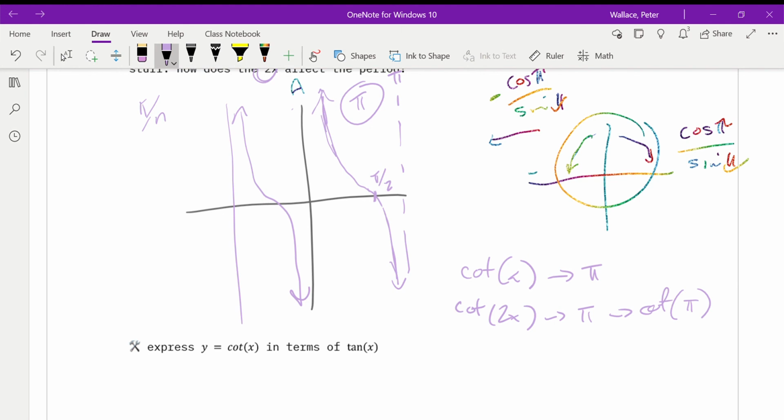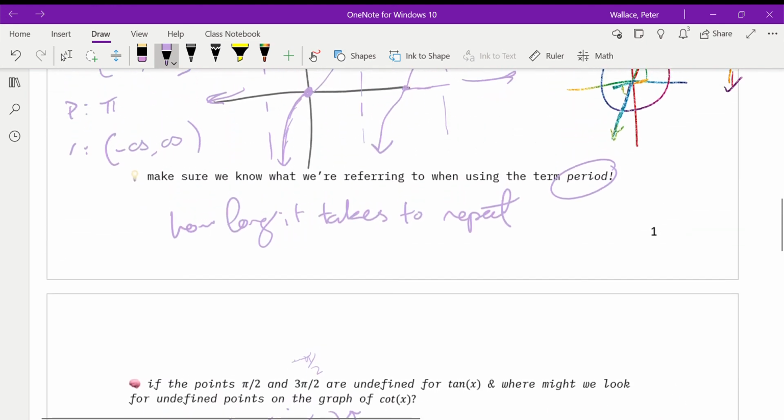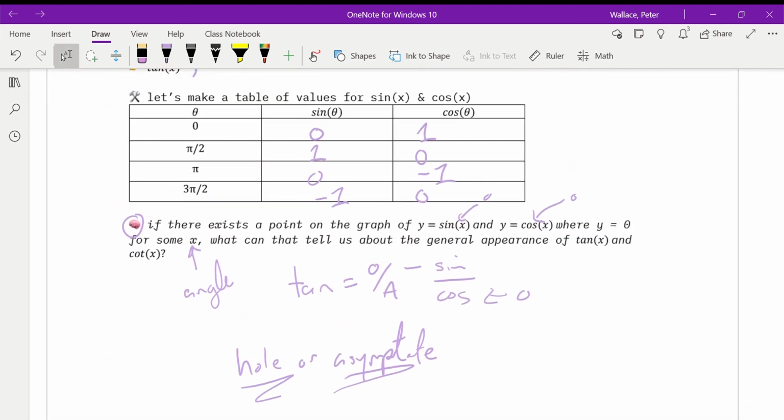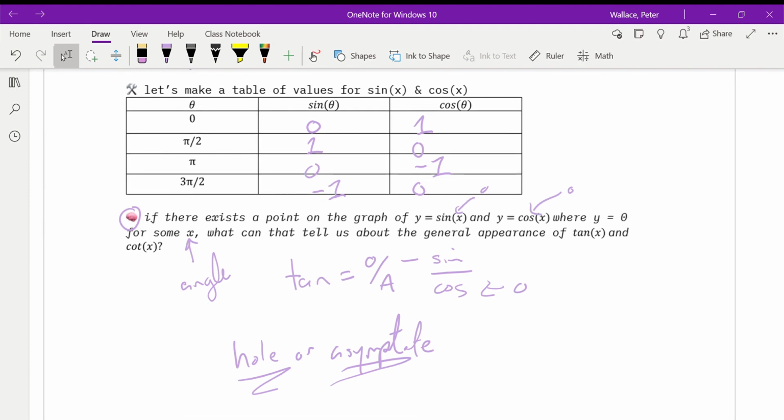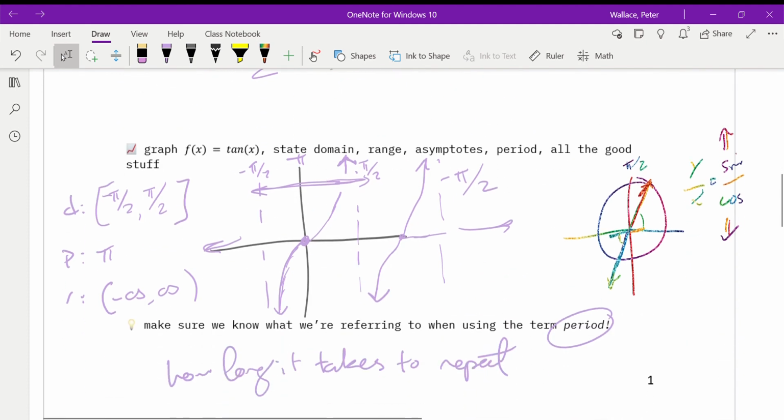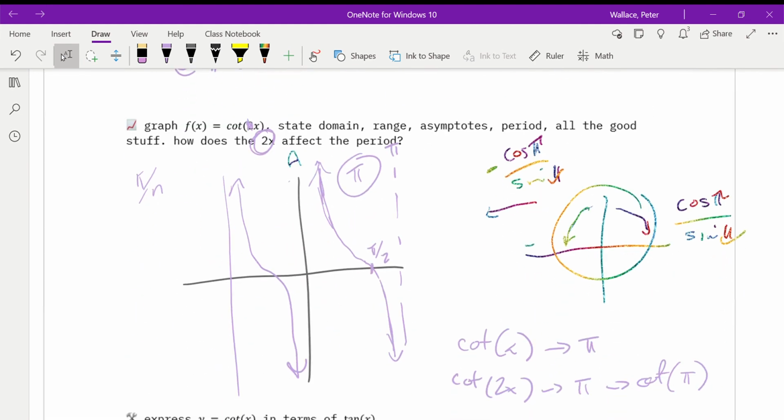The period should become pi over 2 in this case, because normally when you plug in pi over 2, we've got this value here of 0, but now when you plug in pi over 2, we've got an asymptote, because pi over 2 times 2 is pi, and we know that at pi we have an asymptote. So we're squeezing this up over here. So the asymptote is going to shift over here. So multiplying by 2x is going to affect our period in the sense that we will achieve it faster, or we will stretch the graph in this vertical direction and compress it in this horizontal direction.